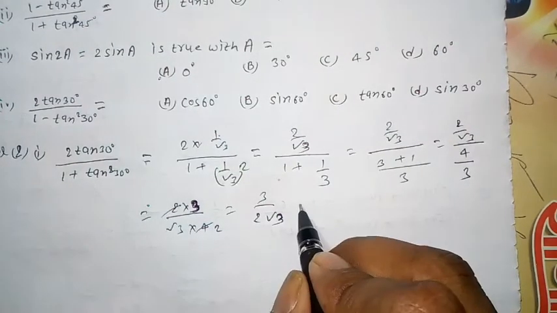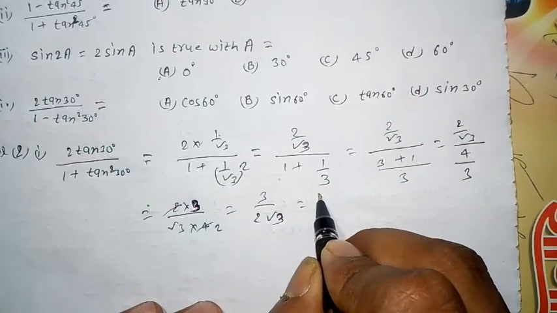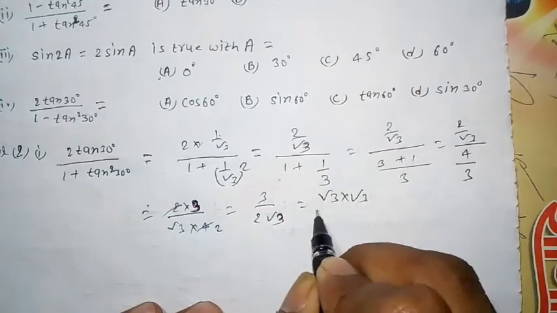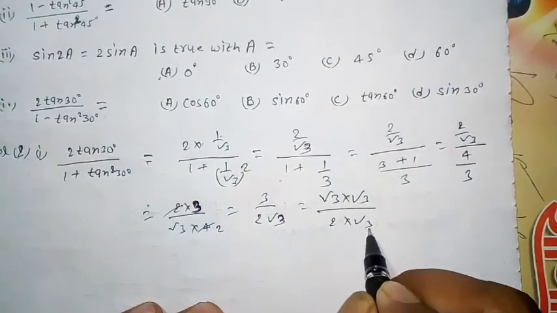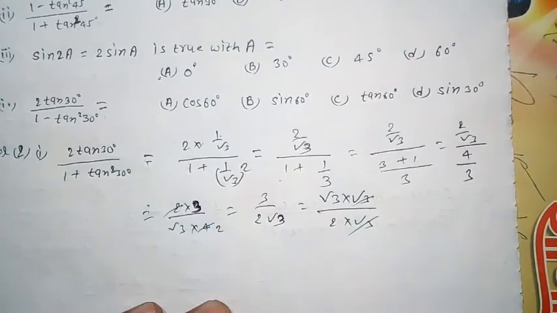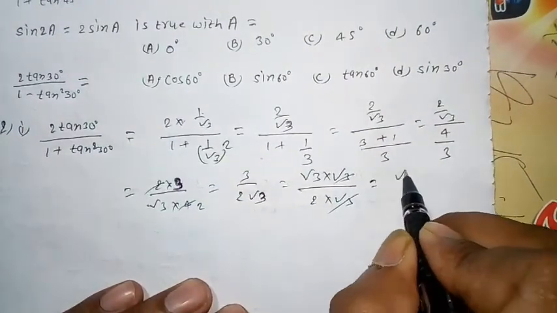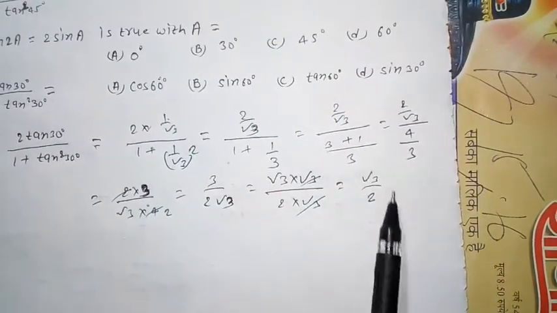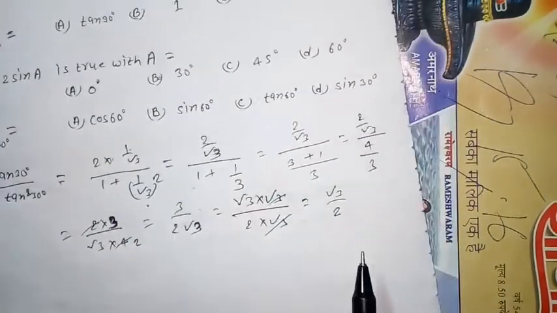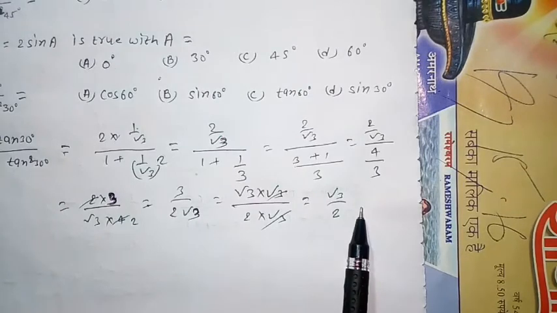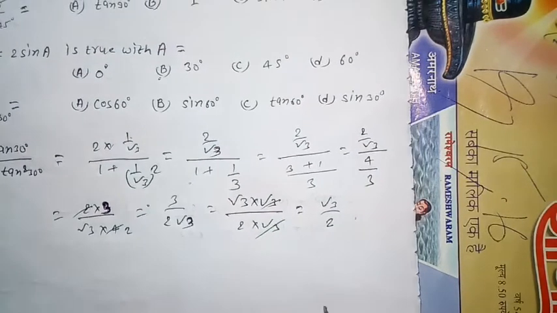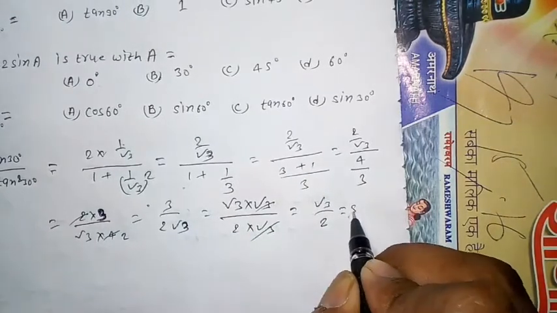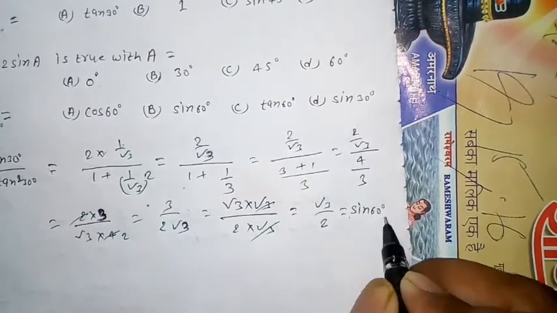Then I can also write 3 as root 3 into root 3, so root 3 into root 3 by 2 into root 3. Root 3 and root 3 cancel, then root 3 by 2. Now the value of root 3 by 2 is sin 60 degree and also cos 30 degree.